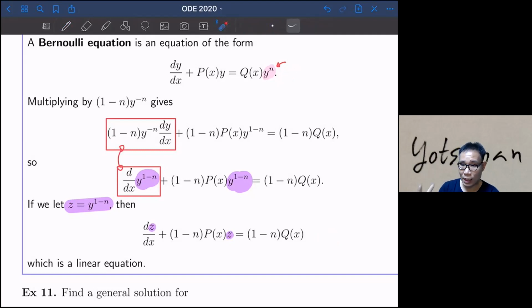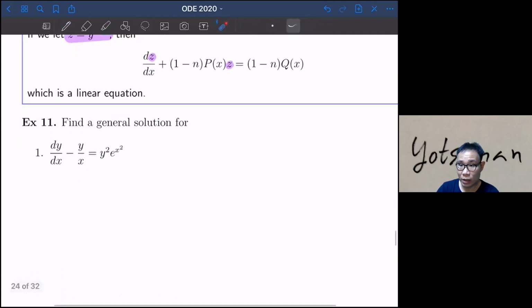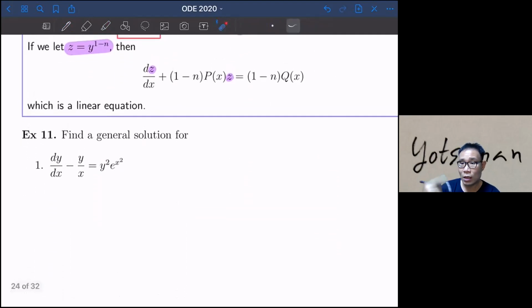Okay, so we have a two-step process in order to solve the Bernoulli equation: convert, and then solve by using the linear equation. Okay, so for this one, let me identify P(x) and Q(x) for you.